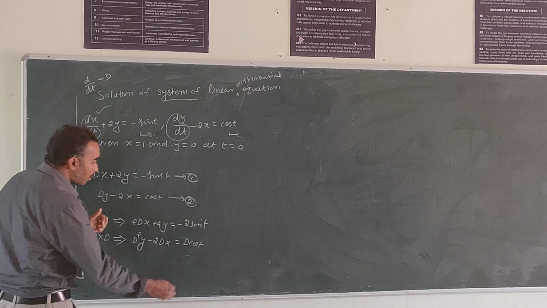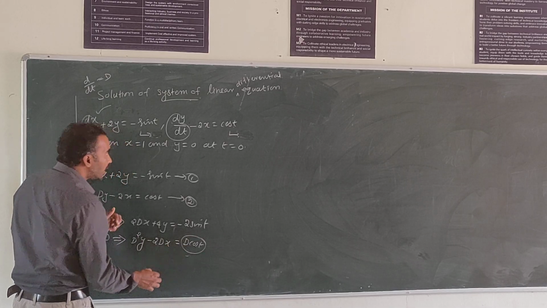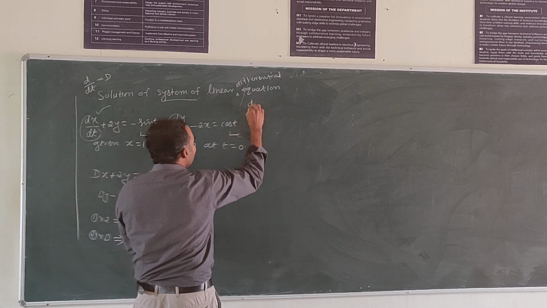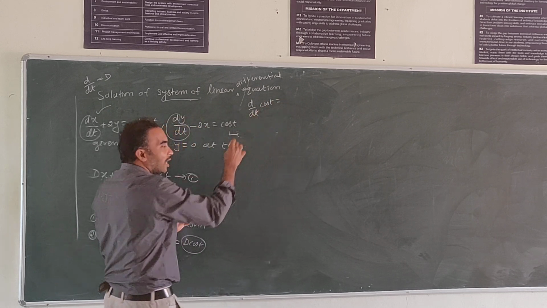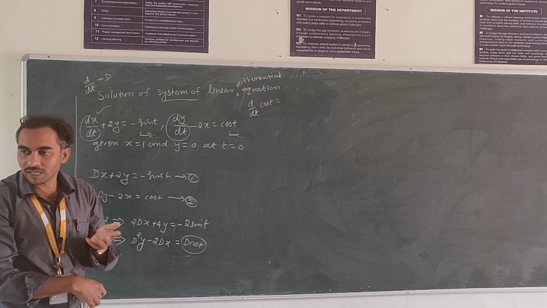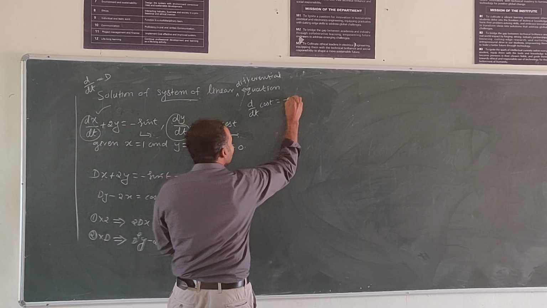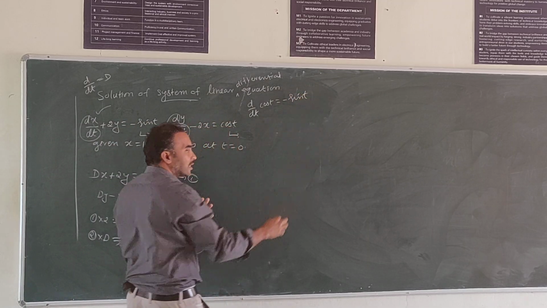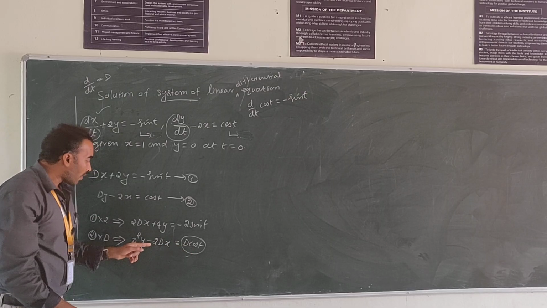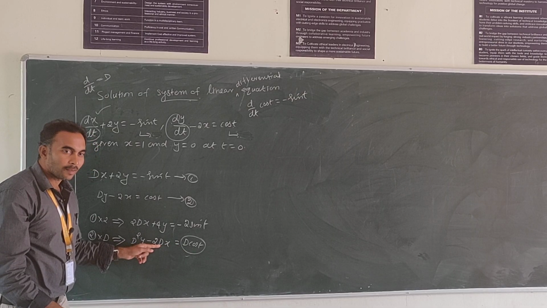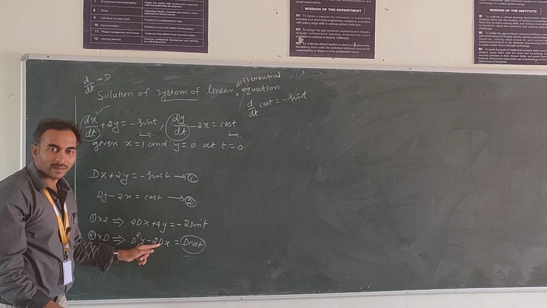What about D cos t? D represents d by dt, so differentiation of cos t. What is the differentiation of cos t? Minus sin t. So D represents differentiation. For that we should not differentiate x, because what is D?